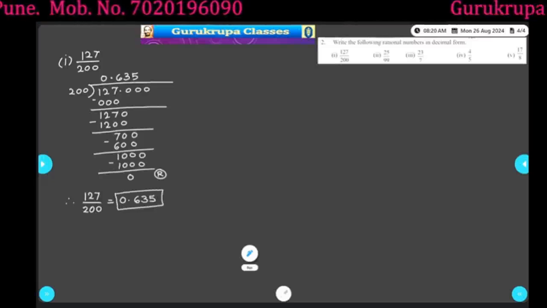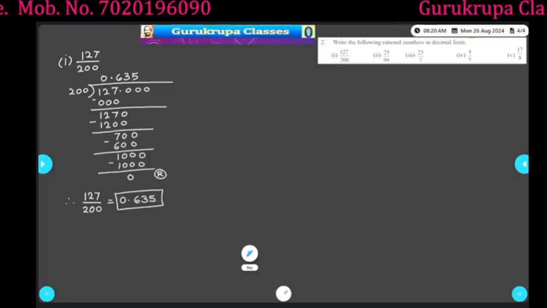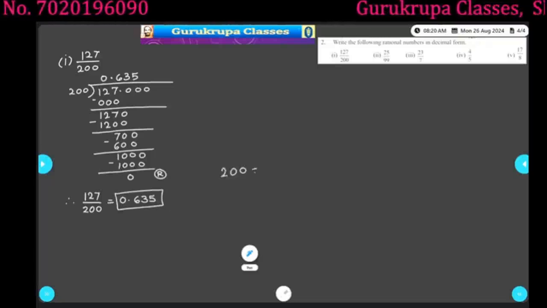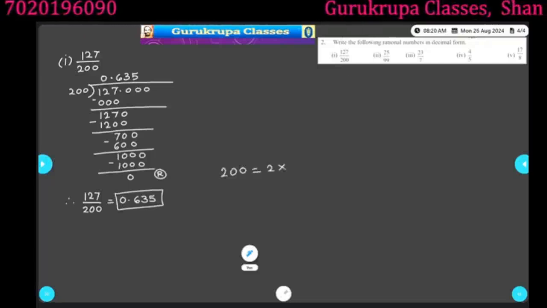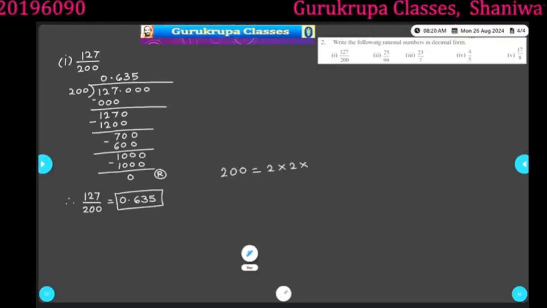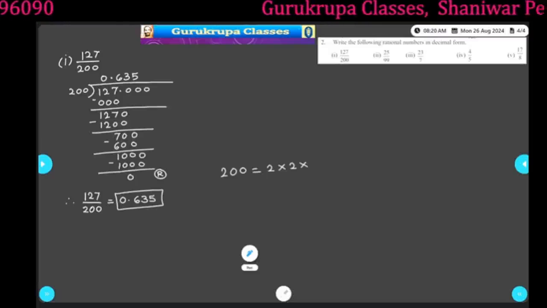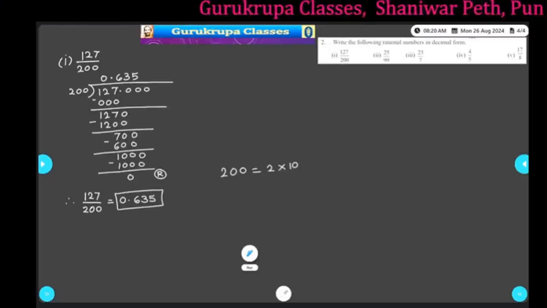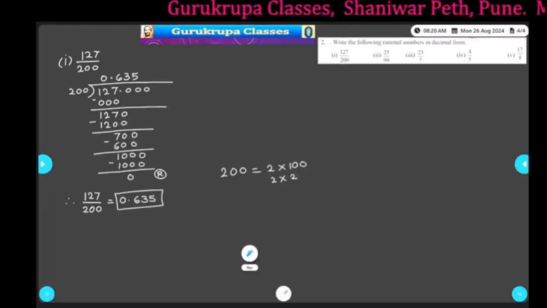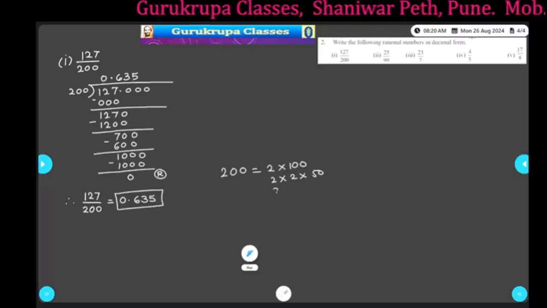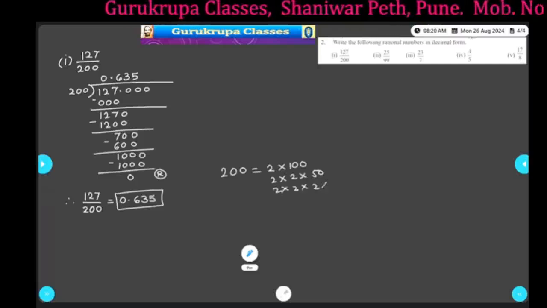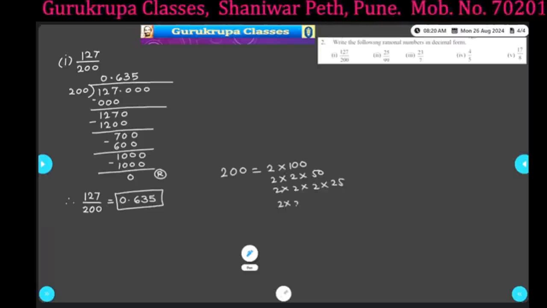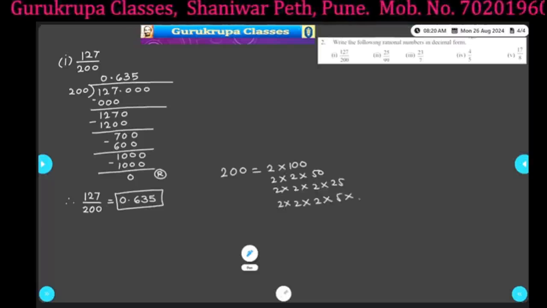Why is it so? Because if you observe, we verify that by our rule. Factors of 200: we take 2 into 2 into 2 into 100. Suppose we take factorization over here, 2 into 50, then 2 into 2 into 2 into 25, and 25 is 5 into 5.